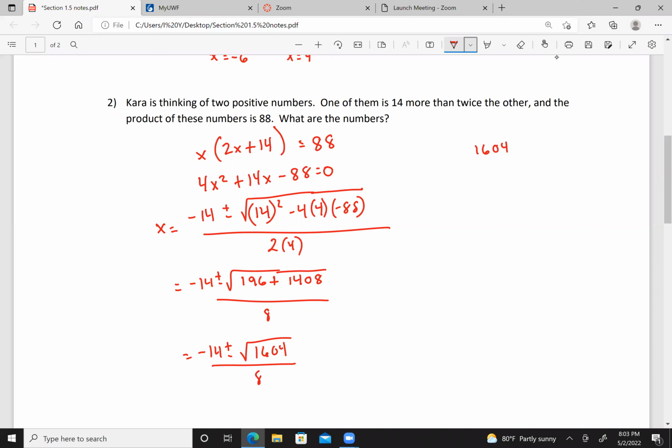Okay, digits add up to 11, so it's not divisible by 3 or 9. I don't have a 0 or 5, so it's not divisible by 5. So we're looking at a 2. So I have 2 times 802, which is 2 times 401. And it doesn't look like anything else is going into that.